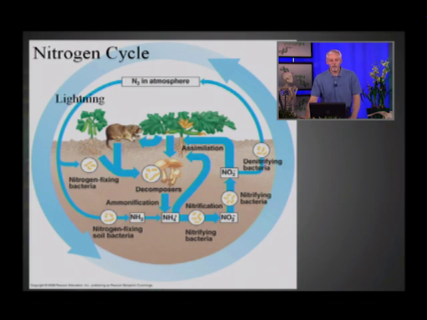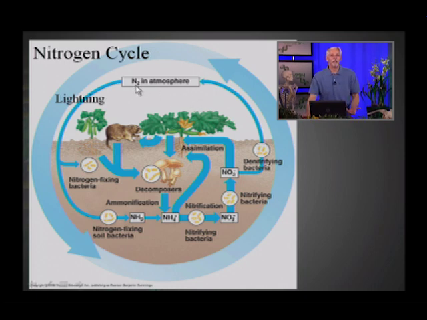So we're going to look at a few different cycles, and the first one is the nitrogen cycle. And the nitrogen cycle has kind of a cycle within a cycle in a sense. But when we look at the nitrogen cycle, we begin with nitrogen, N2, nitrogen gas. And nitrogen gas is really not a very friendly or useful form of nitrogen for living things.